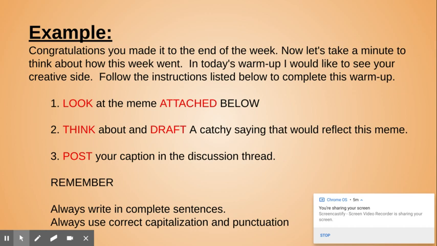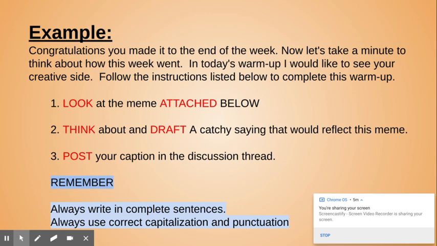Then it's asking you to post your caption in the discussion thread. So it's telling you that you need to look at the meme, you need to think and draft a catchy saying, and then you need to post. Those are part of your instructions. The last thing that we are going to look at is where it says, remember, always write in complete sentences, always use correct capitalization and punctuation.